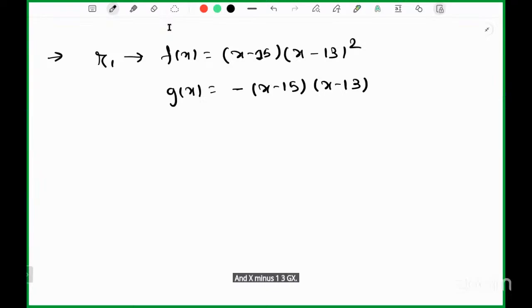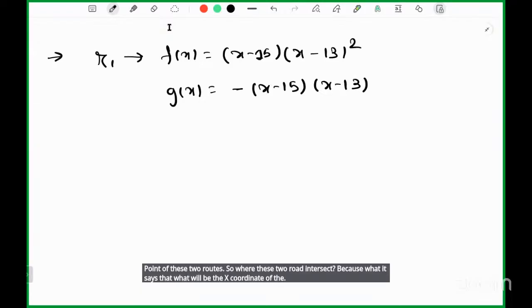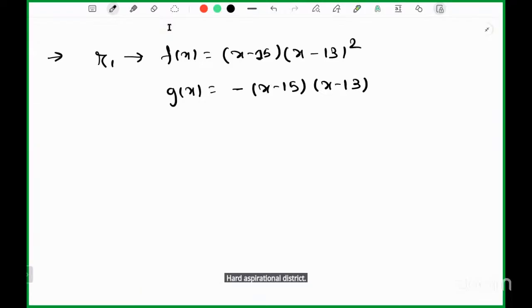Okay, so first of all, what we can do is find the intersection points of these two roads. The question asks what will be the x coordinate of the third aspirational district. There are three districts at the intersection points, right?